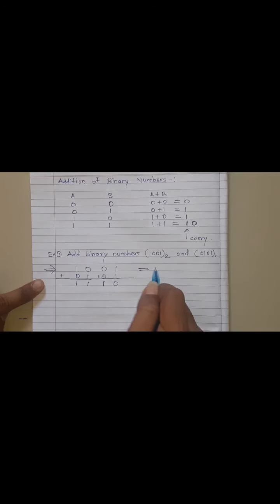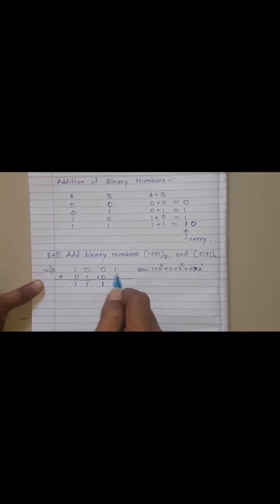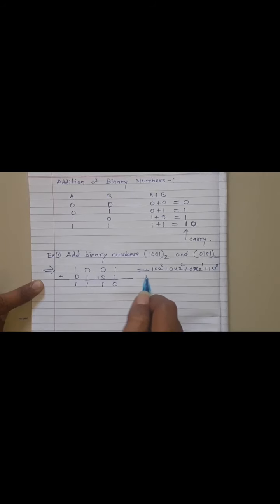In this way: 1 into 2 raised to 3, 0 into 2 raised to 2, 0 into 2 raised to 1, and 1 into 2 raised to 0. What is the answer? 1, 2, 4, 8. 8 plus 1, 9. So this number is 9.